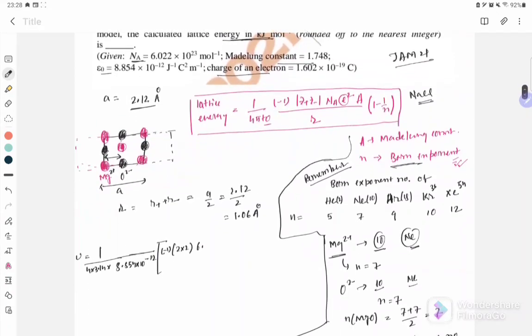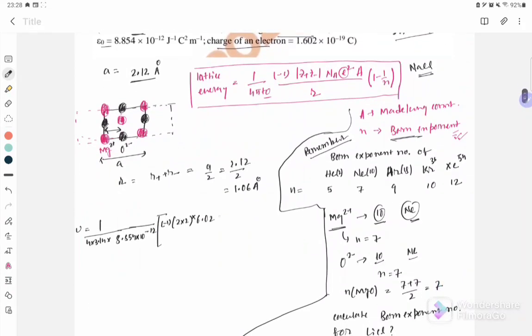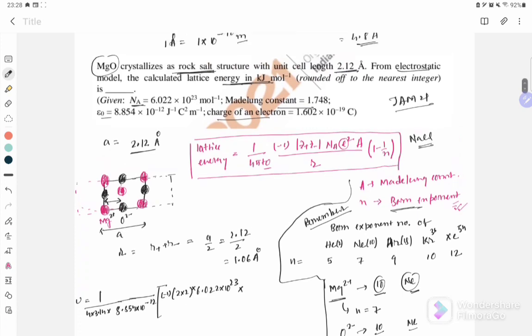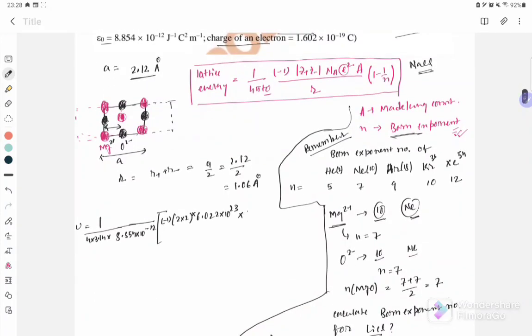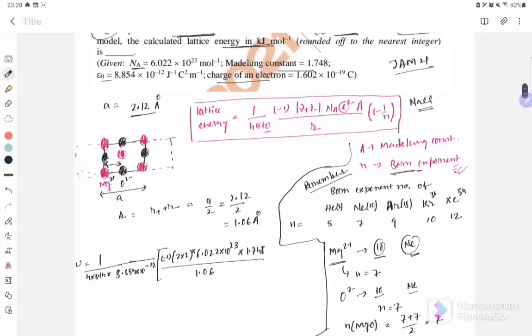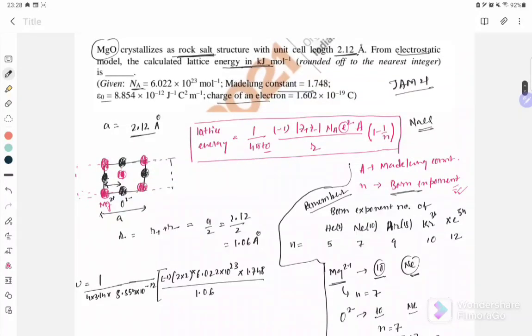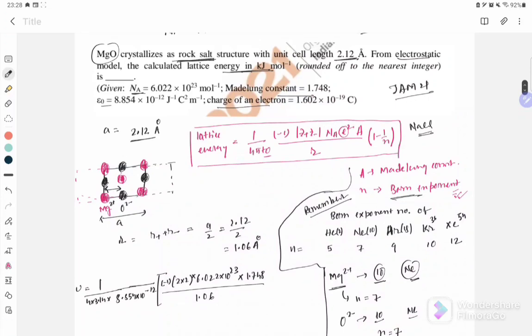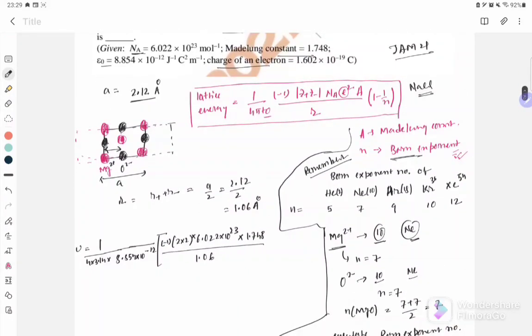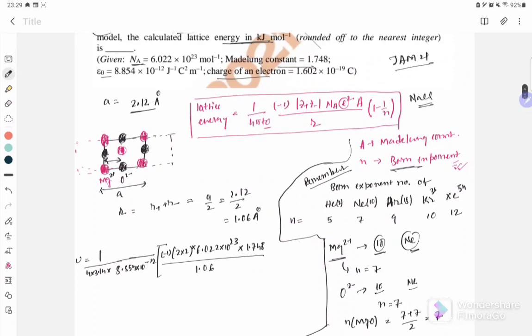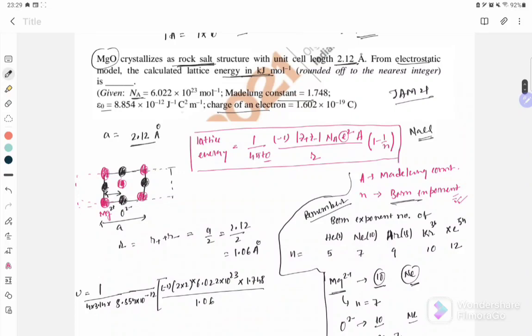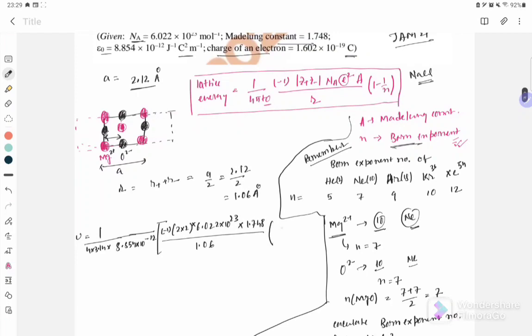So we'll put everything in the equation: 6.022 into 10 to the power 23. The Madelung constant is 1.748, by R, which is 1.06. That is in angstrom, but we have to know the actual unit.